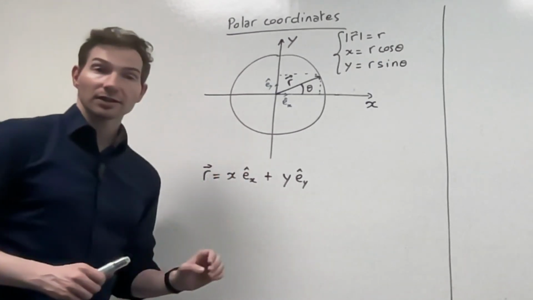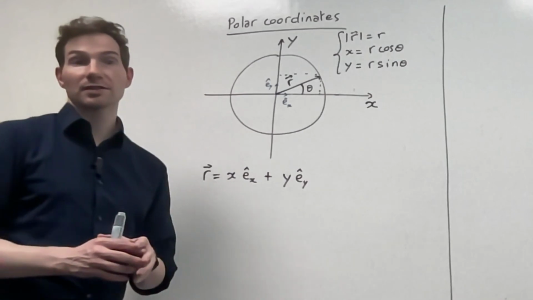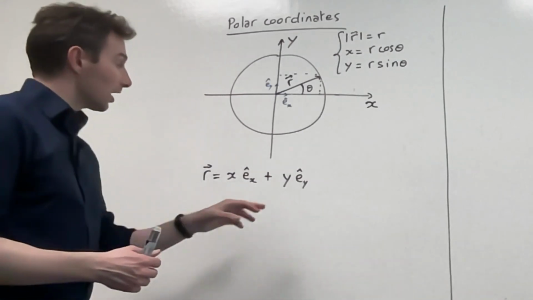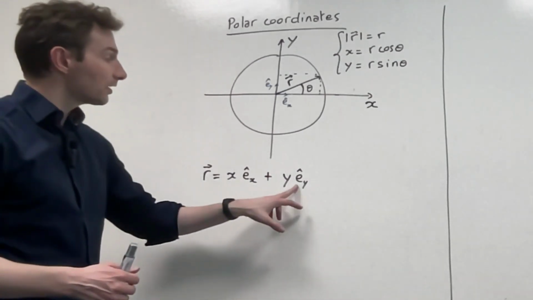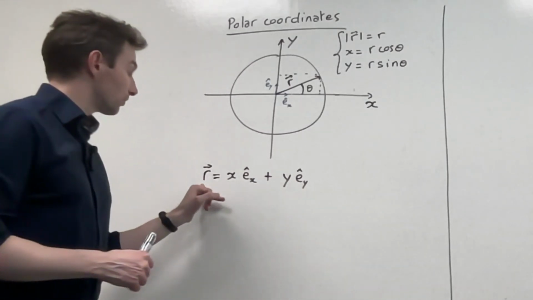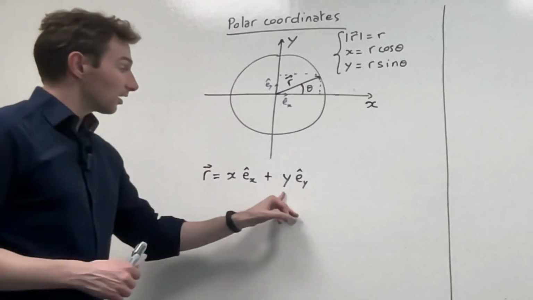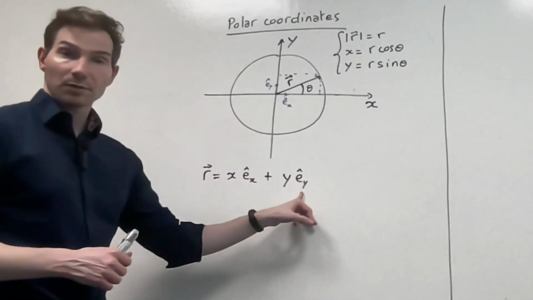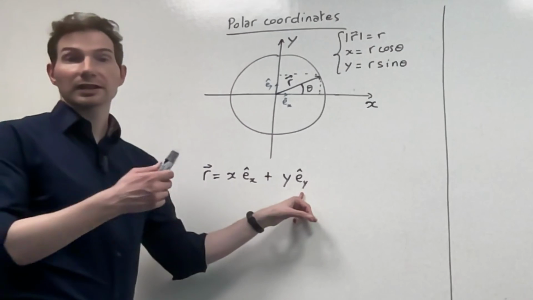The hat that I put on it signifies that this is a unit vector, and here plus y ey, where y is the component of the position vector r relative to this particular basis vector ey.